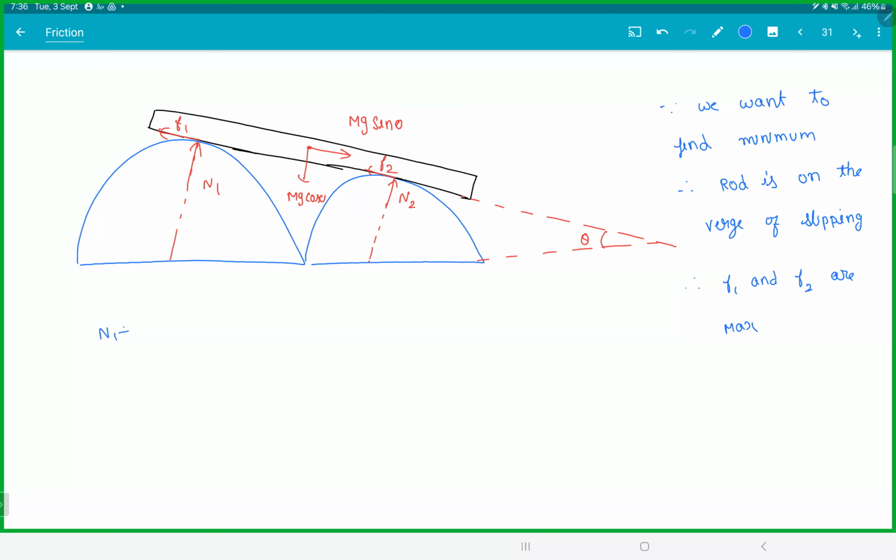You're done. So N1 plus N2 is mg cos theta. F1 plus F2 is mg sin theta. Friction is mu into N1 plus mu into N2 is mg sin theta. This is what I said. Physics part is easy. N1 plus N2 is mg cos theta.